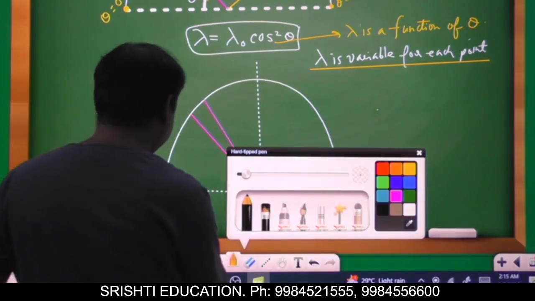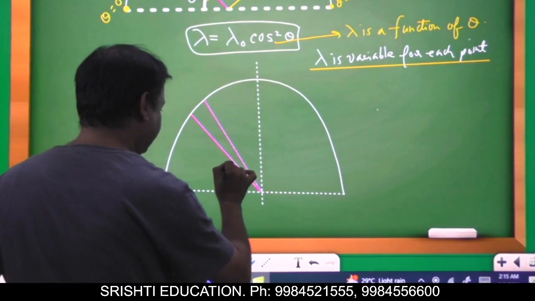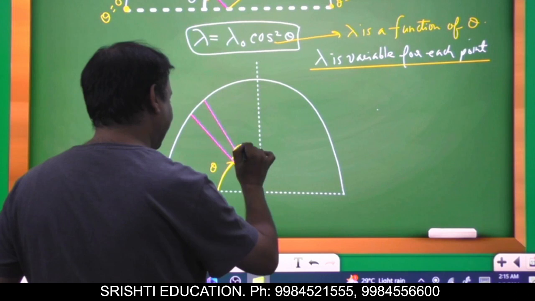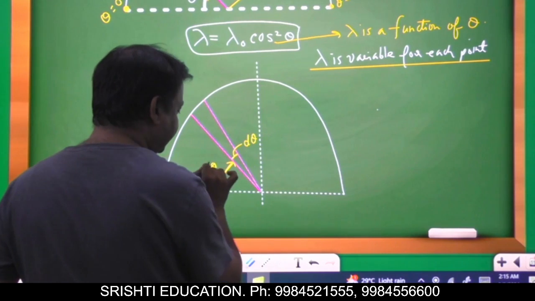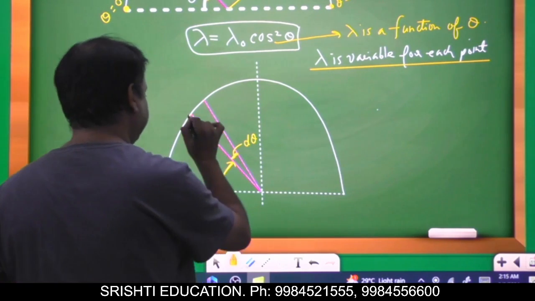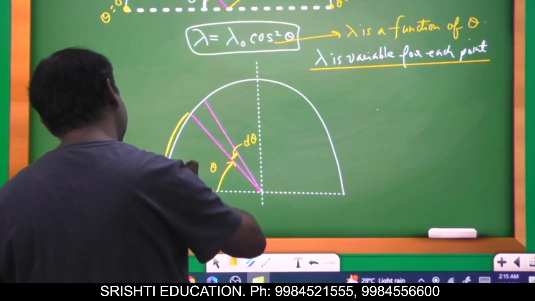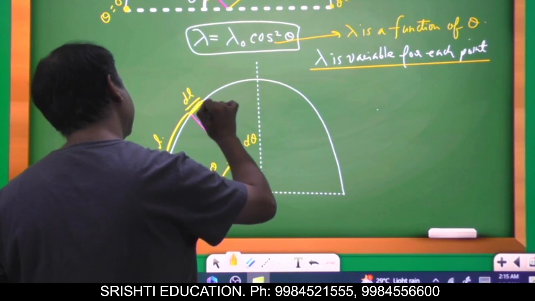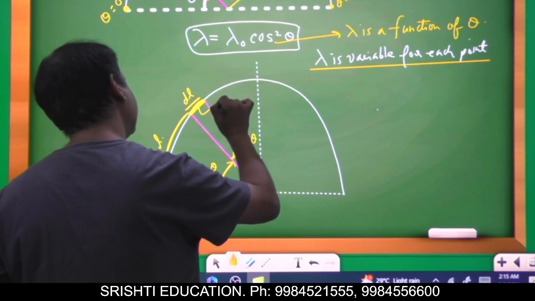Because theta is given from this line, this is the angular position theta, and this will be the angular width d theta. Remember, if you are taking this as phi, then this would be d phi. If this is alpha, this will be d alpha. If this is theta, this will be d theta. And say the linear variable, this is L and this is your dl, and this is your element. This is your element which has a mass dm.